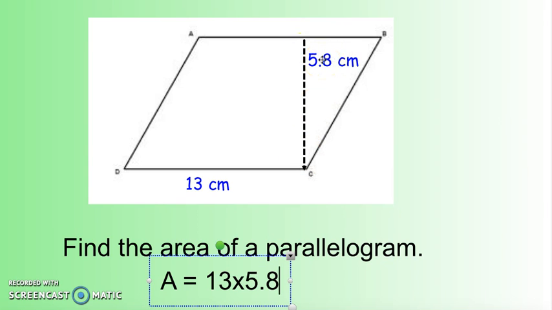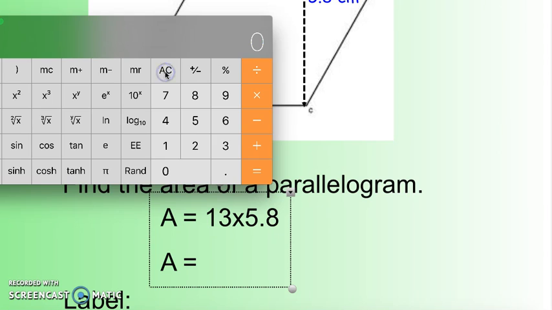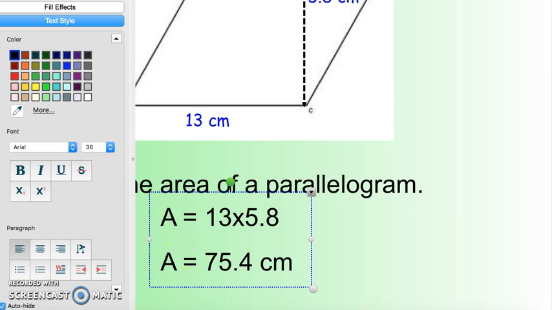That is our height. So we are going to take a calculator. Remember, you can use a calculator throughout this whole chapter. 13 times 5.8, and we get 75.4. And the way that we label area again is with units, and our units is centimeters in this case, squared.